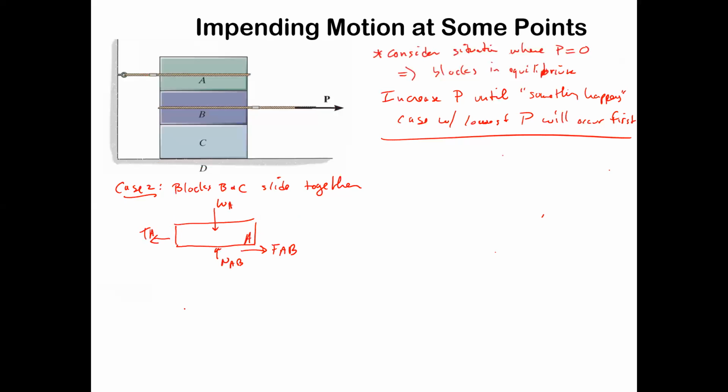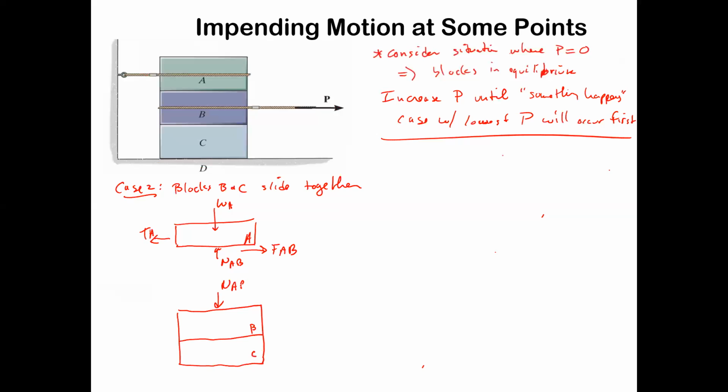So that's the same. And then we draw these boxes B and C like they're fused, because we're assuming the slipping is going to be taking place at that other boundary, not at the boundary between B and C. So this is the combined B, C unit acting as one thing.